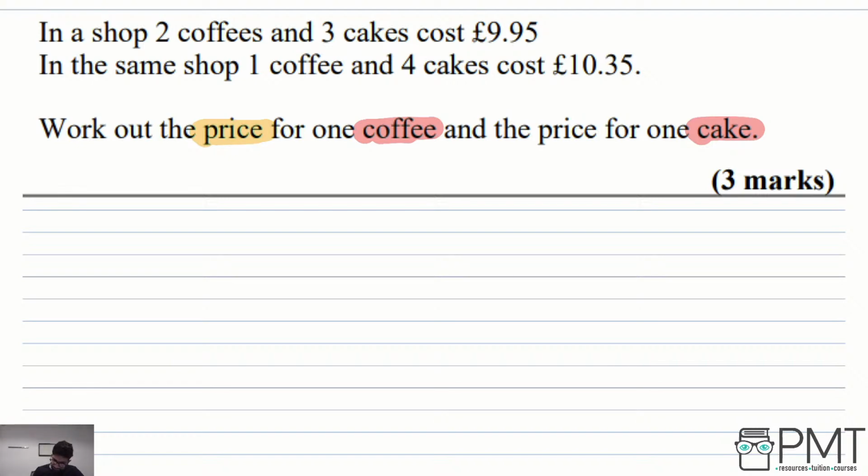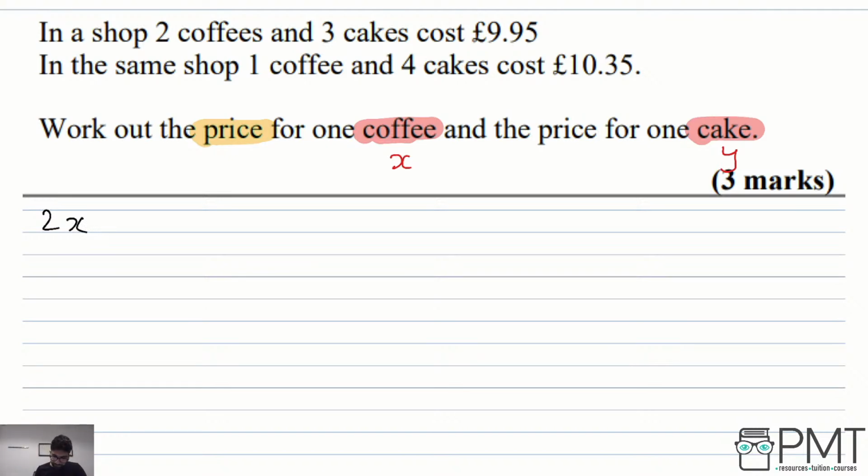Right, coffee is an x, and then let's call this a y. Let me change my color so it's more visible. So this is an x, and this is going to be a y. Tell me the equations that come out of this. In this one shop, we are told that two coffees, since one coffee is an x, two coffees is 2x. So I'm literally turning words and sentences into mathematical equations.